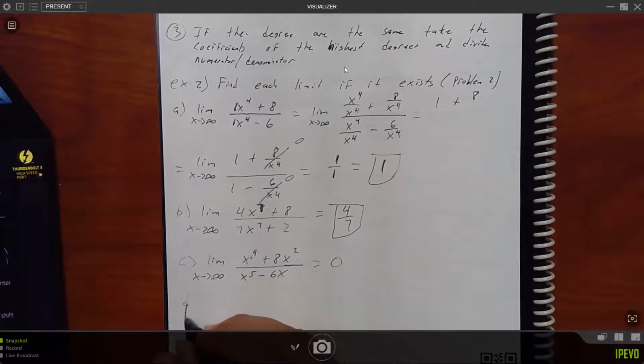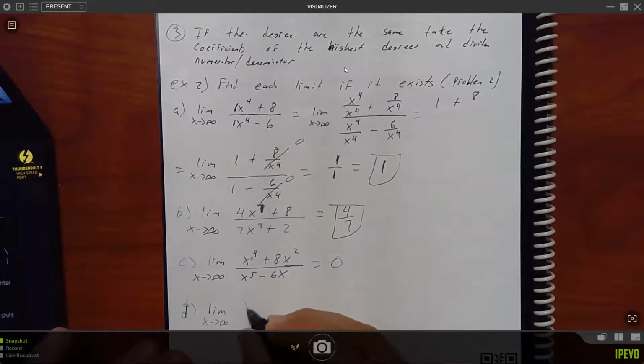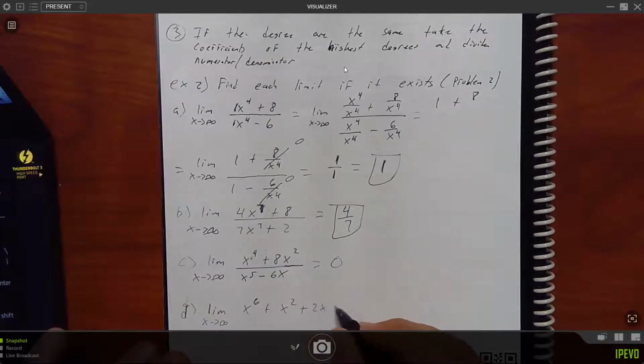Do one more really quick. Okay. So the limit as x approaches infinity of x to the 6 plus x squared plus 2x plus 1 over x to the 4th plus x cubed plus 2.